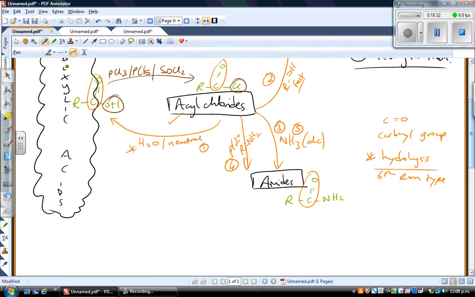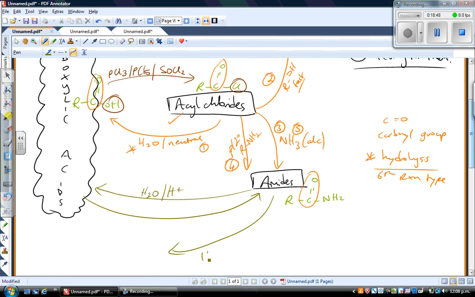So this is something I missed out in lessons during the week. So how do you get from carboxylic acids to amides, and then how do you get back from amides to carboxylic acids? And also, so this here is acidic hydrolysis, but you can also have alkaline hydrolysis as well of amides, so we need to talk about that too.